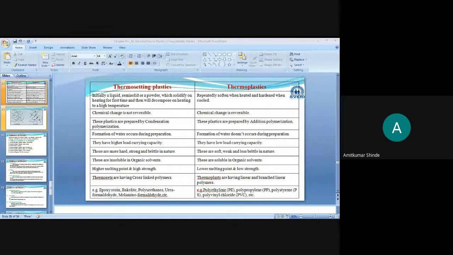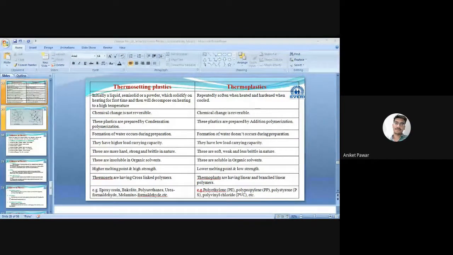Shubham Kadam, are you there? Aniket Pawar, are you there?